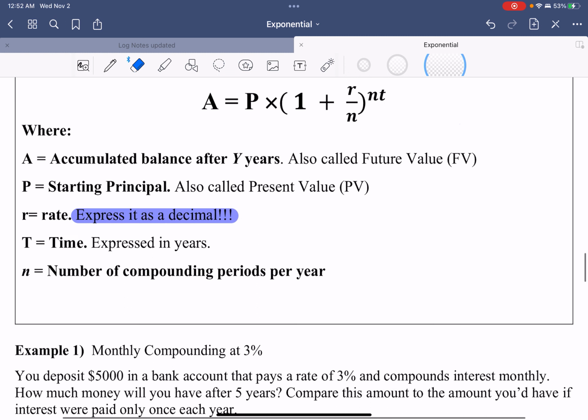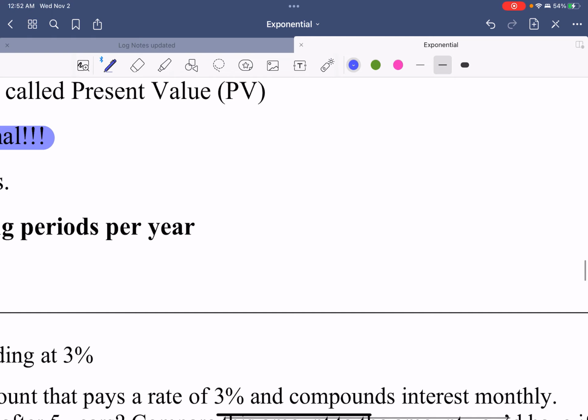Then T is time expressed in years, and N is the number of compounding periods per year. There are different compounding periods that they can ask you about in the question.